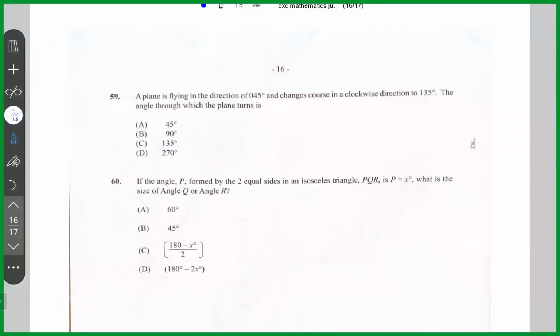All right, a plane is flying in the direction 045 degrees. That's a bearing, and it changed course in a clockwise direction to 135 degrees. The angle through which the plane turned is, the answer is 90 degrees. All right, I could show you from a diagram point of view. It was traveling in this direction.